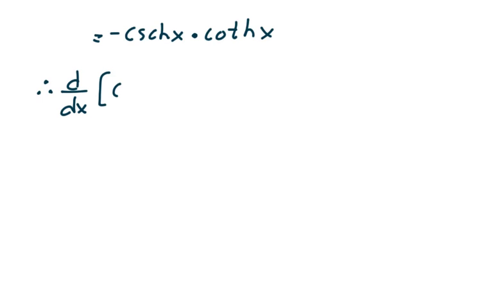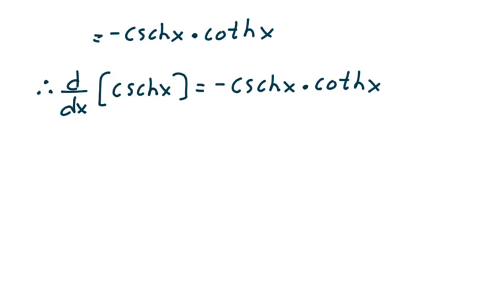And so this is negative hyperbolic cosecant x times hyperbolic cotangent x. And we can now say that the derivative of hyperbolic cosecant x is the same as negative hyperbolic cosecant x times hyperbolic cotangent x. And so that's how that one works.